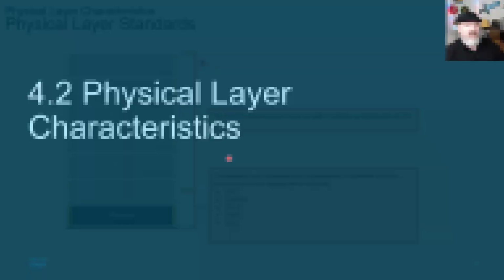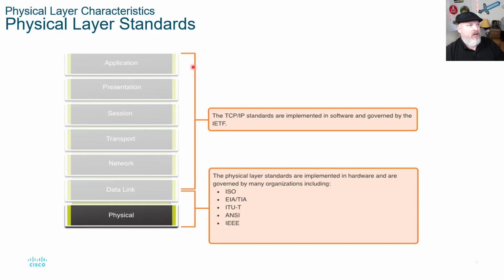Physical layer characteristics. Now we have here an OSI model, and we have our 7 layers: physical, data link, network, transport, session, presentation, and application. And if you remember the way I remember OSI, from some of the previous modules, I said, please do not throw sausage pizza away, because I like pizza. I don't necessarily like sausage pizza, but I like pizza, and that's a good way for me to remember it. Layer 1 is your physical layer.